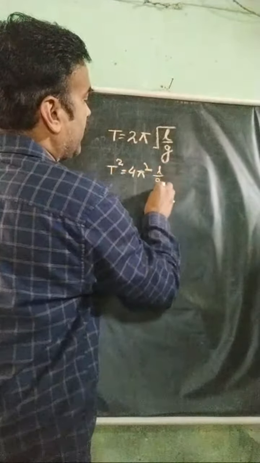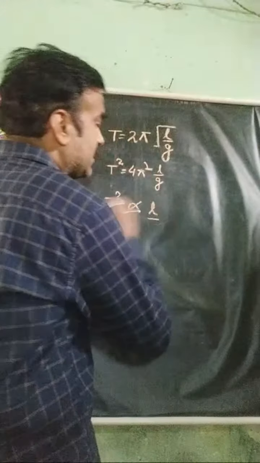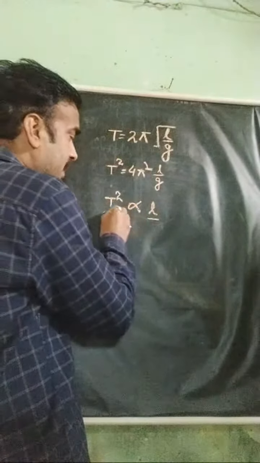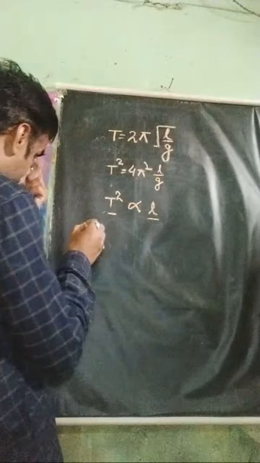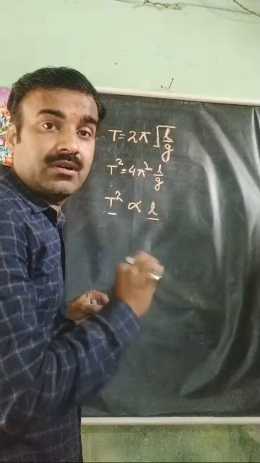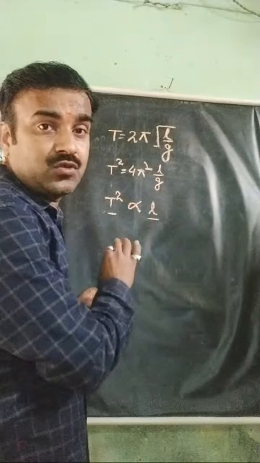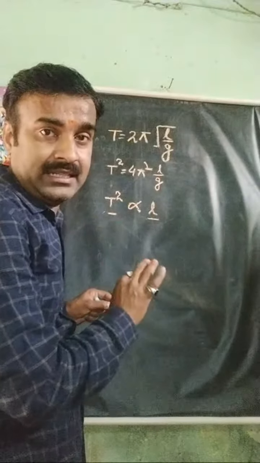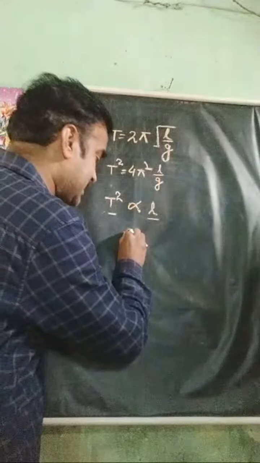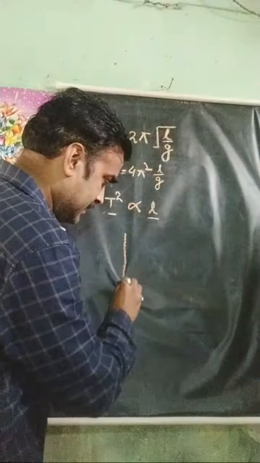That means L can be taken on the x-axis and T square on the y-axis. If we want to draw the graph between L and T square, easily we can draw it. Just see, here L and here T square. Now easily we can draw the graph, and that graph you will get.